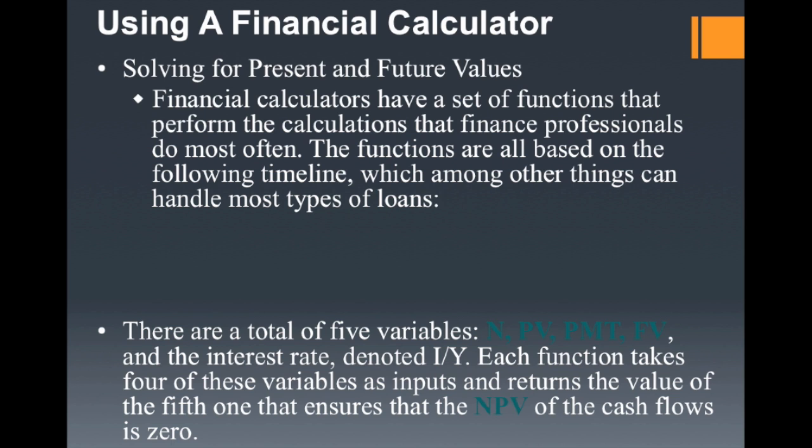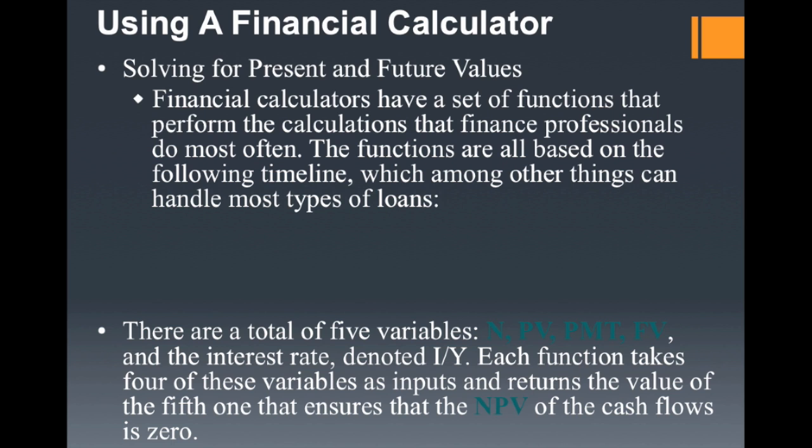The number of periods, which is N; the present value, PV; payment, PMT, which is the set of payments at the end or beginning of any period; the future value, FV, which is, of course, at the end of the timeline in question; and I/Y, or interest per year. Each function takes 4 of these variables as inputs and returns the value of the 5th one. That ensures that the NPV of the cash flows is 0.